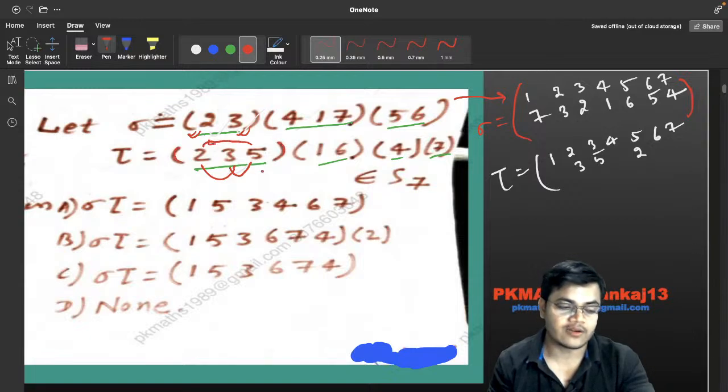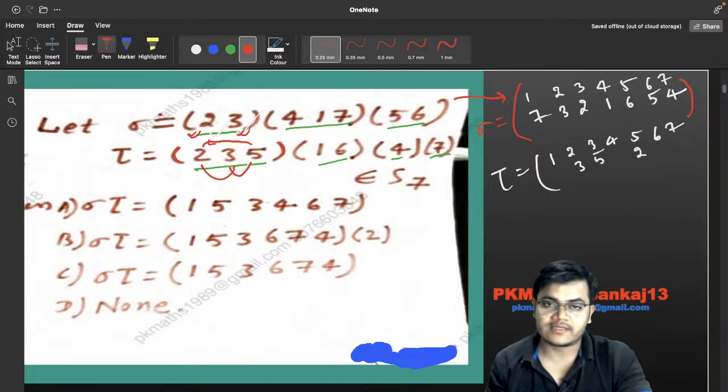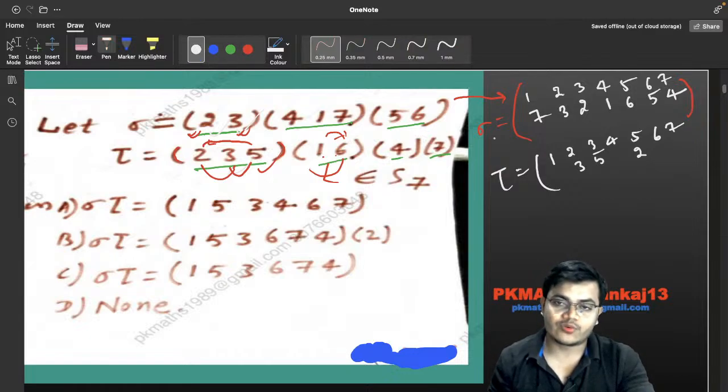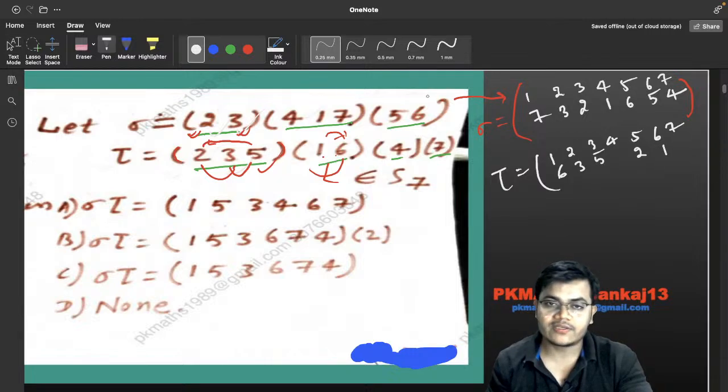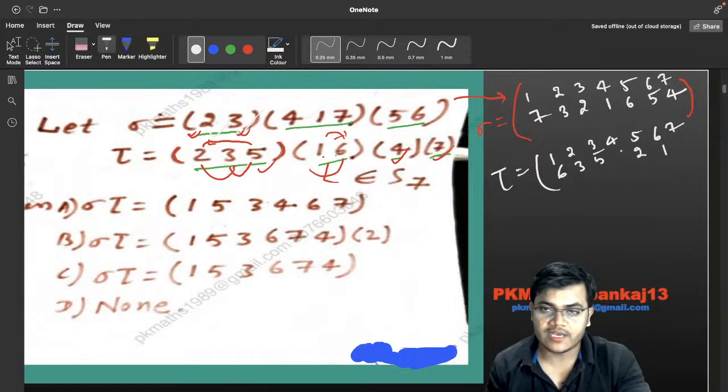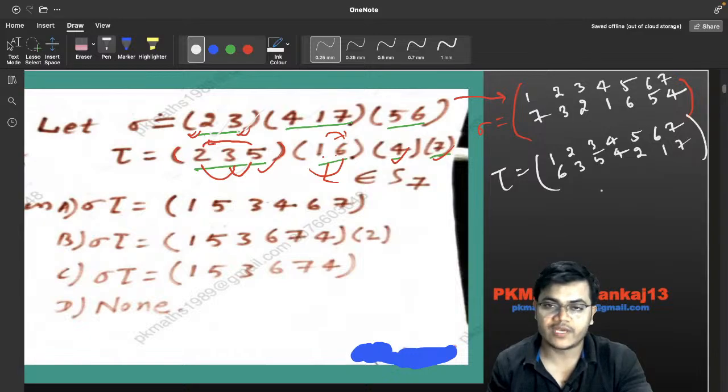Now 1 is going to 6 and 6 is going to 1. The single 4 means 4 is going to itself, and 7 is going to itself. This is how we have written sigma and tau.